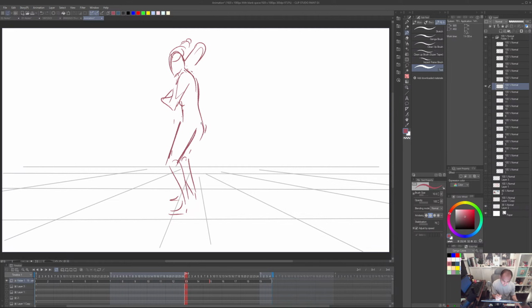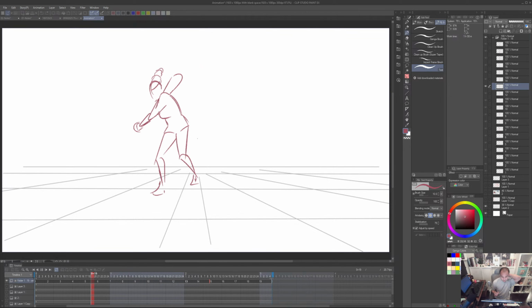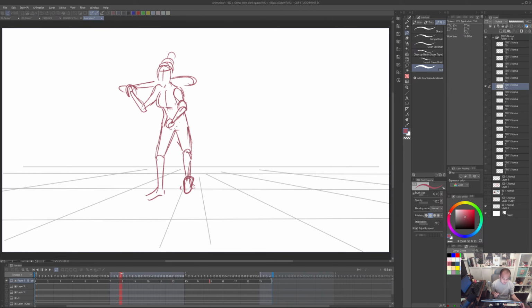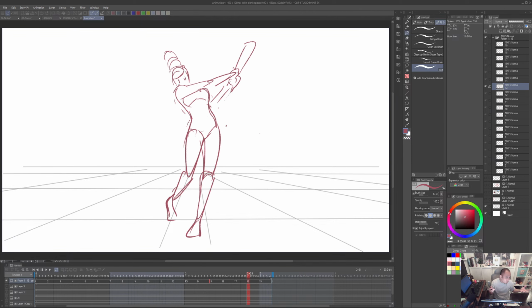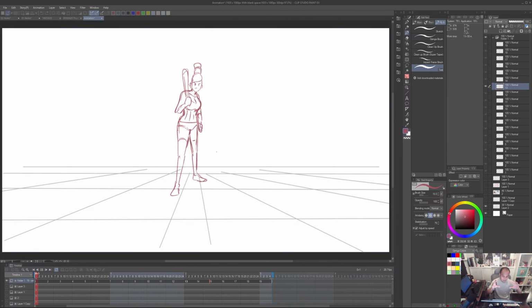Just clean up, not to the point of cleaning up the character, but just to establish the curves and making sure the shapes are right, because I can probably add an additional layer on top of it.